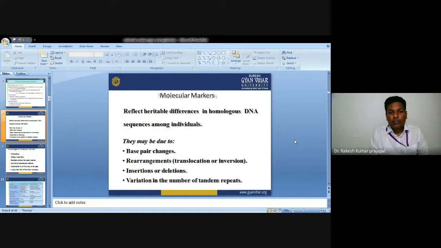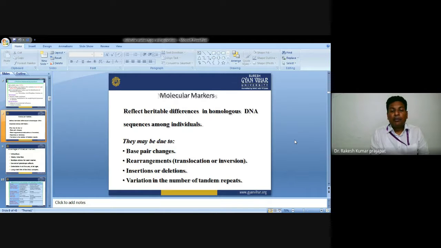They may be due to base pair changes, or because of rearrangement of the DNA sequences, either translocation or inversion. Then insertion or deletion: insertion of a single nucleotide or deletion of a single nucleotide leads to the development of indels.